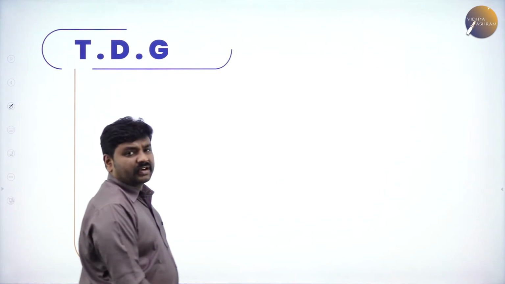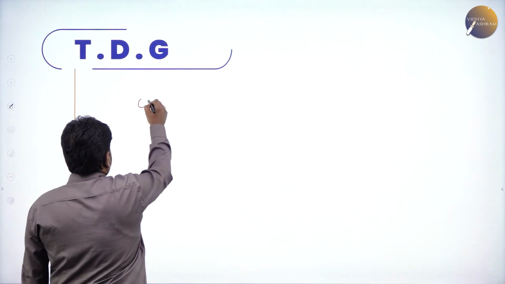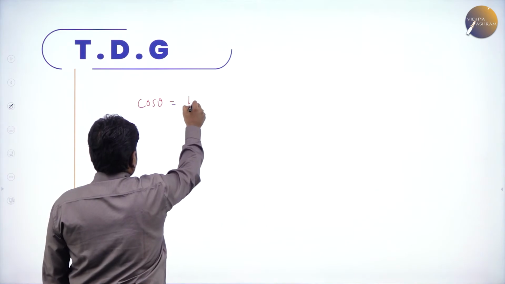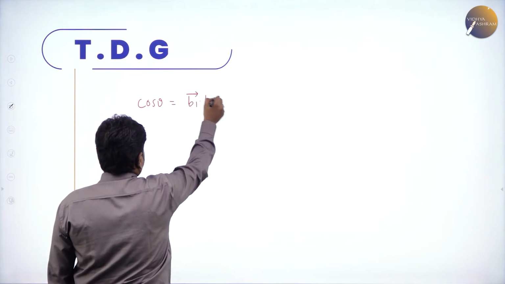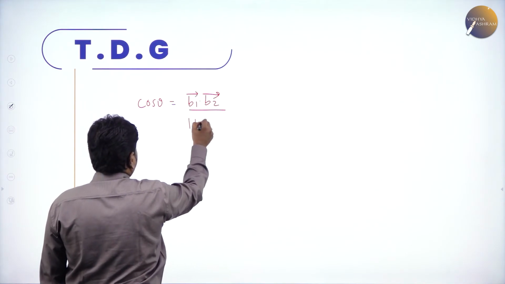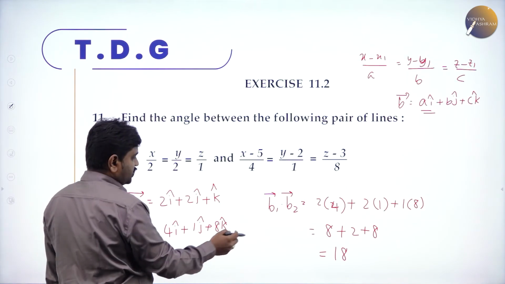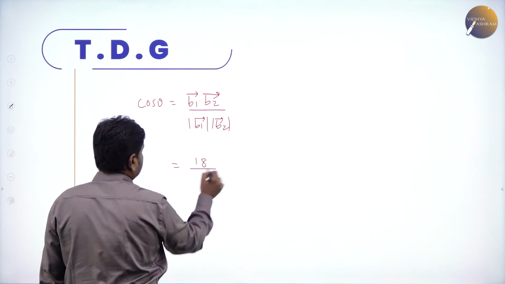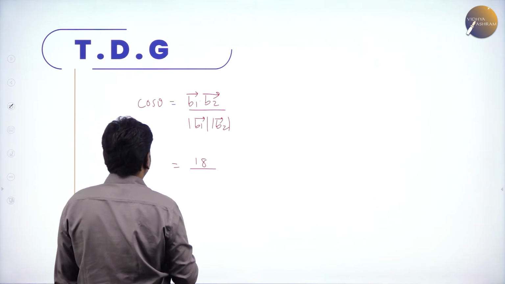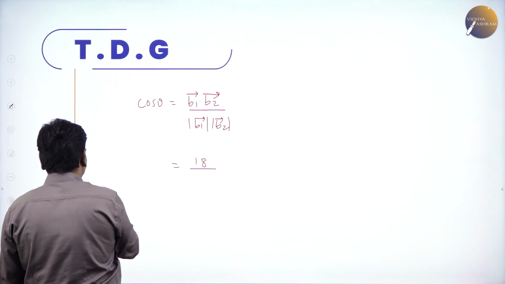Now use the formula for the angle between a pair of lines, that is cos theta. So cos theta is equal to vector b1 dot vector b2 by magnitude b1 magnitude b2. Cos theta is what? 18 divided by the magnitudes, which we need to find. What is the magnitude of b1?